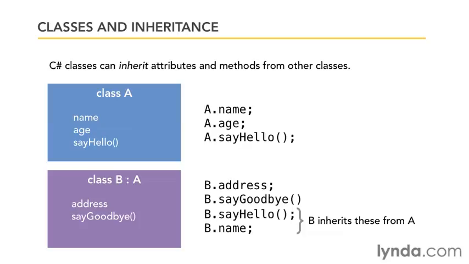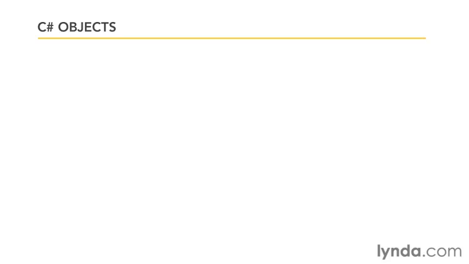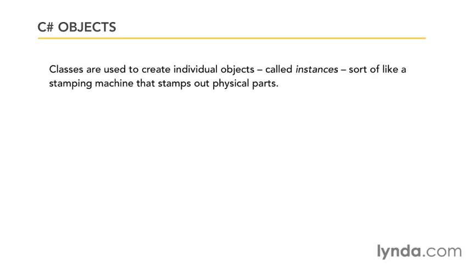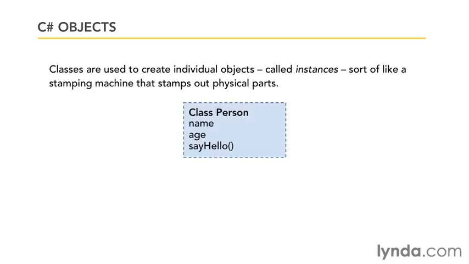You can think of C# objects as being a kind of stamping machine. So classes, as I mentioned earlier, are used to create individual objects. And each object that is created from a class is called an instance. So you can think of this as some kind of machine that stamps out physical parts. Suppose I had a class definition called person, and the person class had the name and age and the sayHello function.